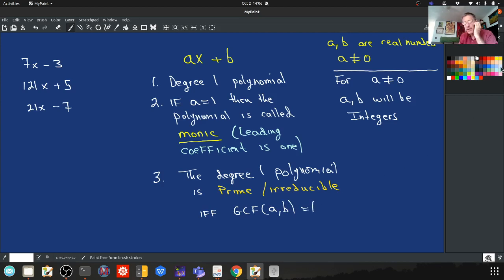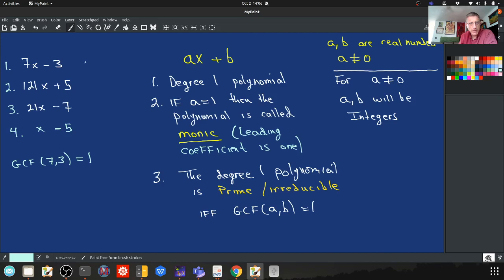So let's come over here and take a look at these polynomials. Let's look at 1. These are 2, 3, and 4. So I'll do 7x minus 3. Let's look at the GCF of 7 and 3. Well, these are both prime numbers, so immediately I know that that's equal to 1.